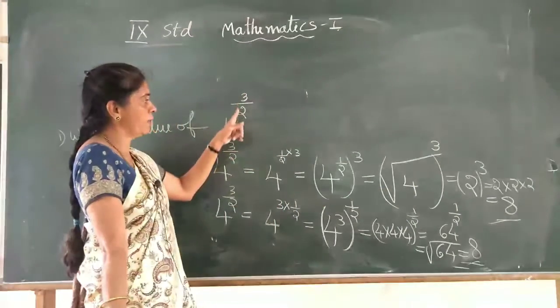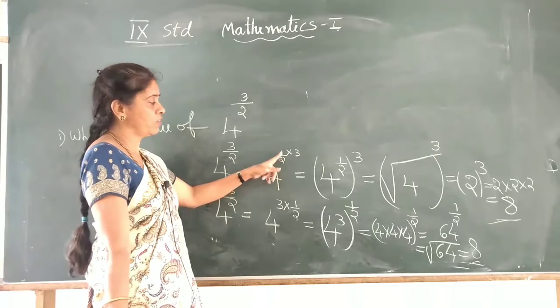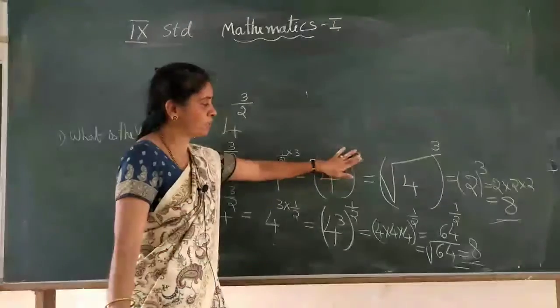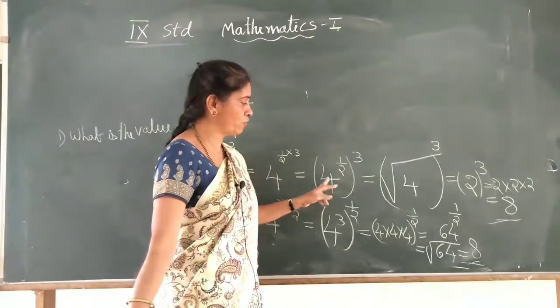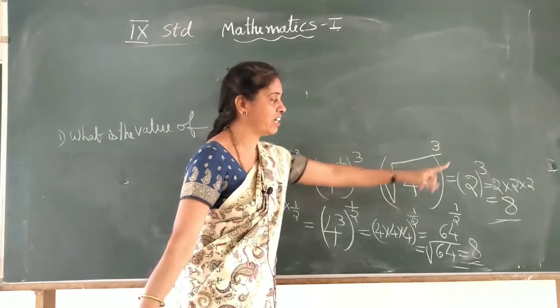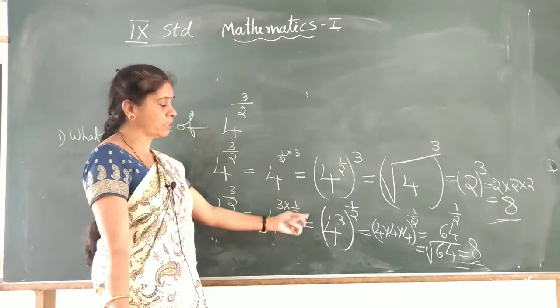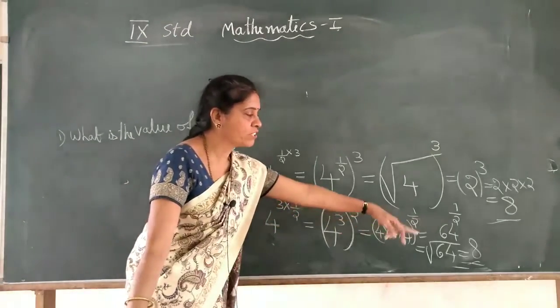Here it is 3 by 2, so it is 1 by 2 into 3. 1 by 2 is nothing but square root of that number: square root of 4 is 2, to the power of 3 is 8. In this problem, we did the cube first, then the root later. So 4 cube is 64, square root of 64 is 8.